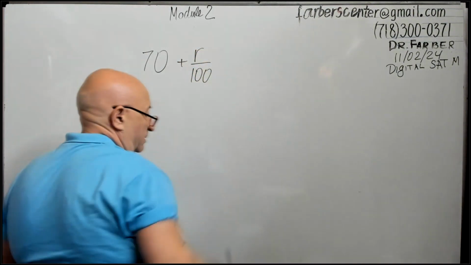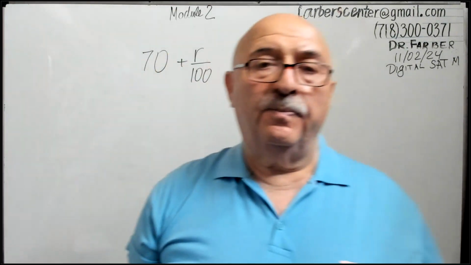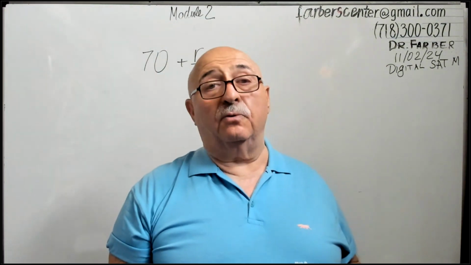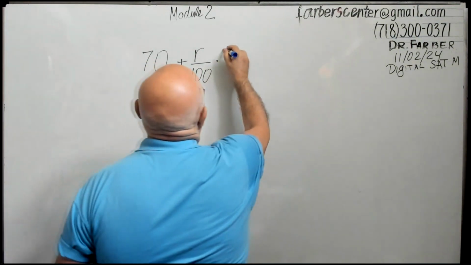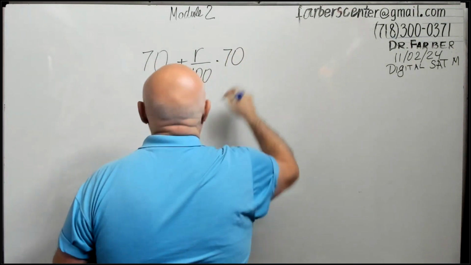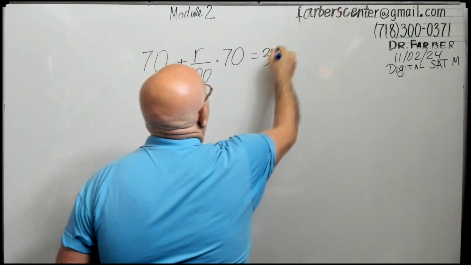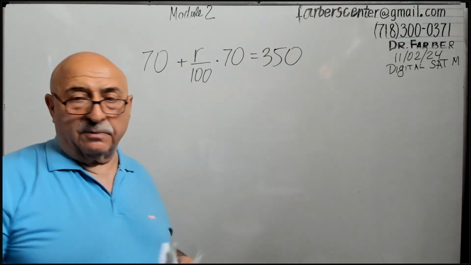For instance, 50% is 0.5, 60% is 0.6. You always divide by 100 when you convert to numbers. R% of 70, and they said it equals what? 350. Who understands this 100%?